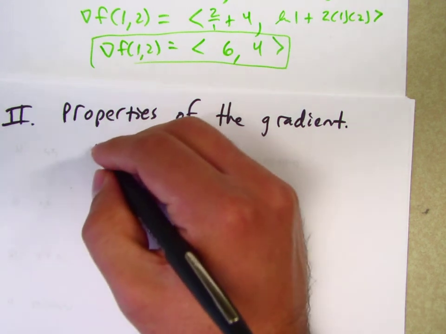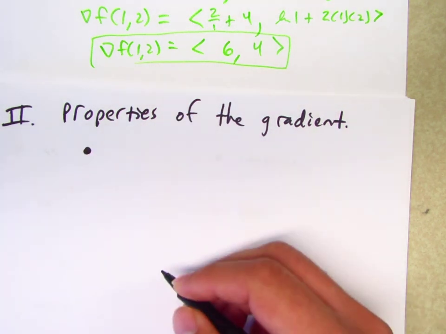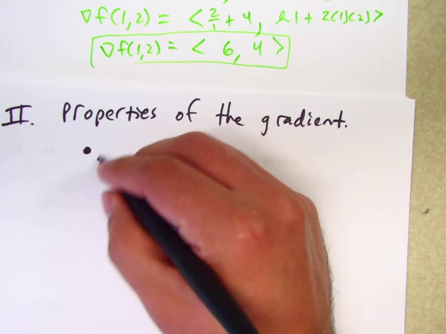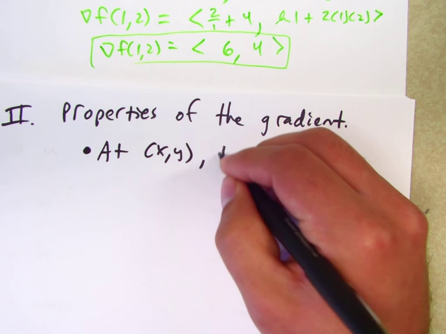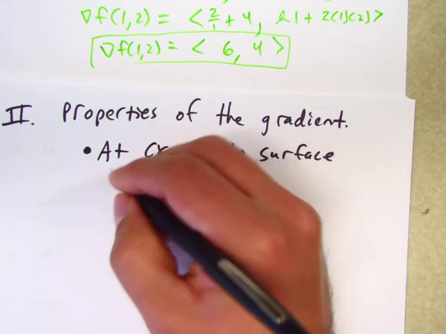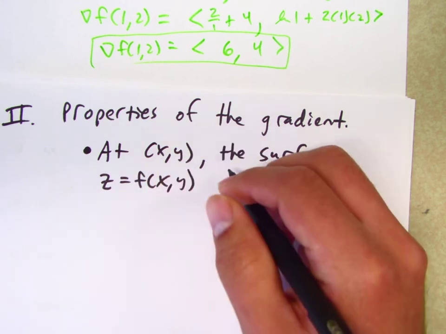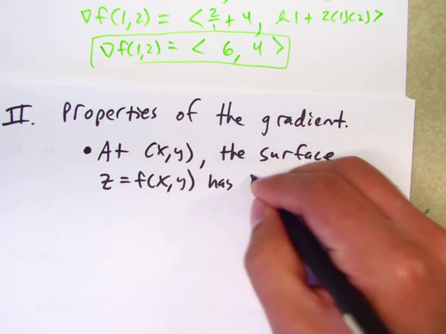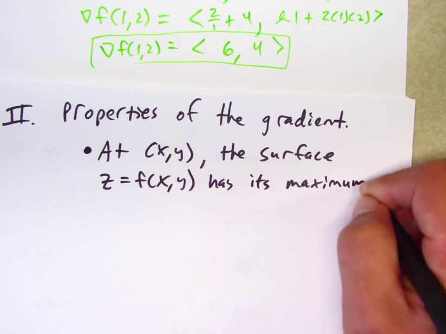And so we'll just kind of outline both of them. Okay, first one. At the point (x, y), the surface z equals f of x, y has its maximum slope.